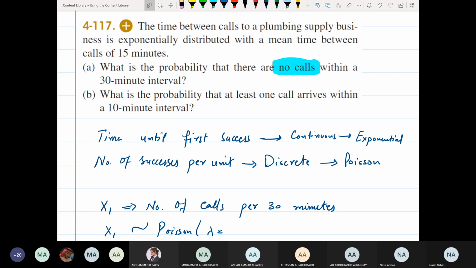We are talking about average number of calls per 30 minutes. The question says that the average time until a call is 15 minutes. So in 15 minutes, you are having 1 call. In 30 minutes, on average, you will be having 2 calls. The mean time is given as 15, that is 1/λ. The reciprocal of this is lambda.